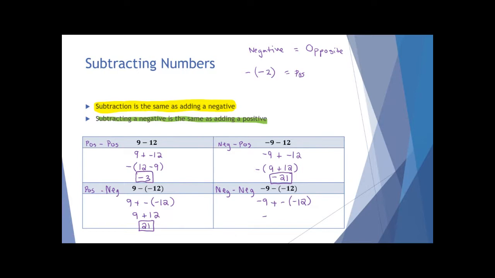I already have an addition sign, so this is really negative 9 plus 12. So now I need to follow the rules of addition when I have the opposite sign. So I have a negative plus a positive, and 12 is bigger. So when I subtract these, my answer will be positive because 12 is positive. So this is really the same thing as 12 minus 9, which is 3.